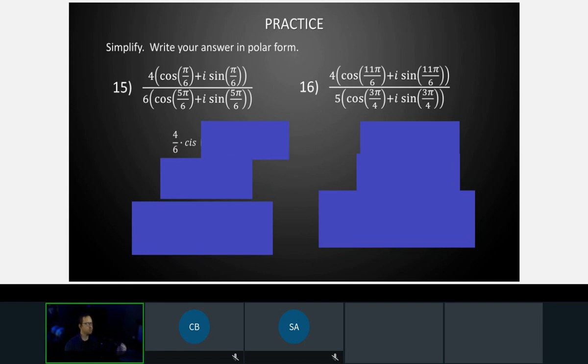We do pi over 6 minus 5 pi over 6. And what do we get? We get 4 pi over 9.